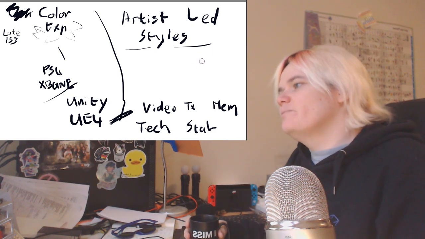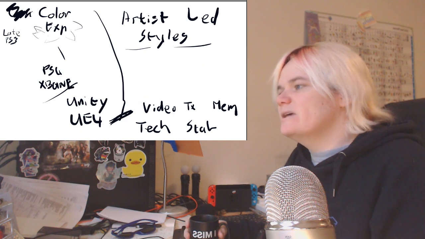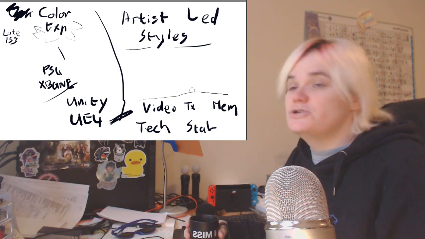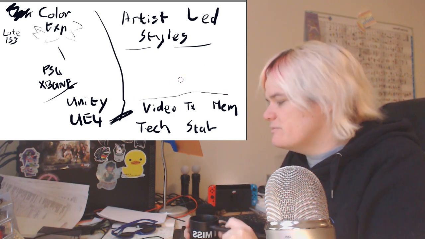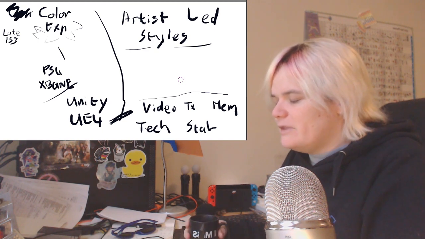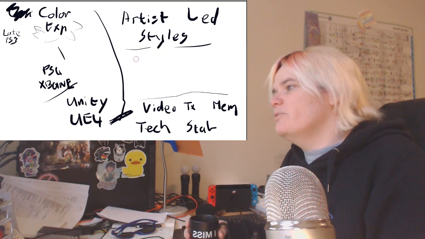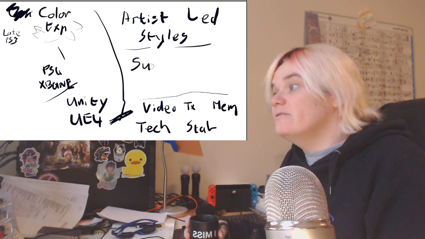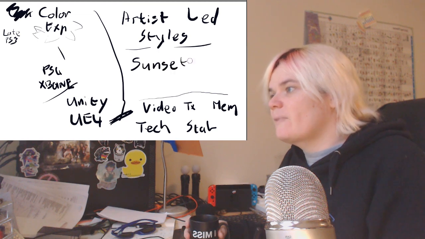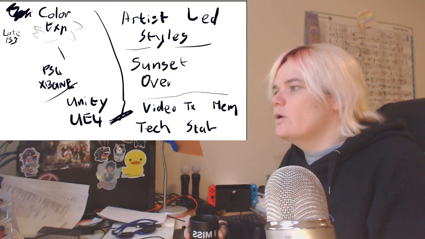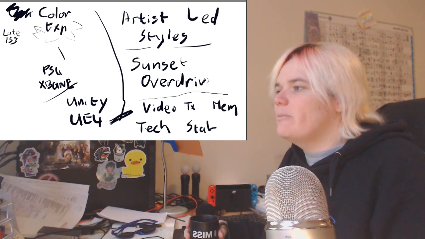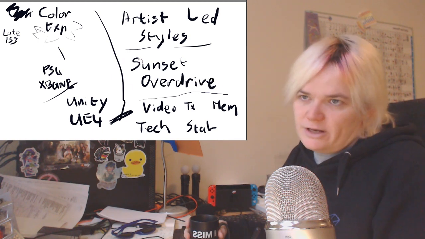And this now becomes the trend. And there's one E3 in particular that comes to mind, the one where Sunset Overdrive was released, where this now became the new trend.